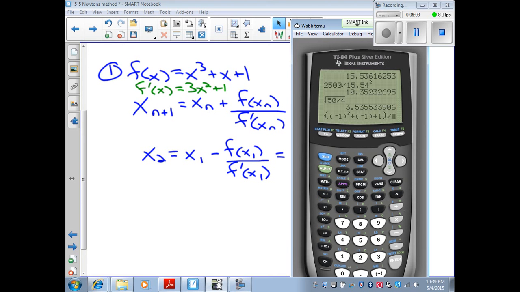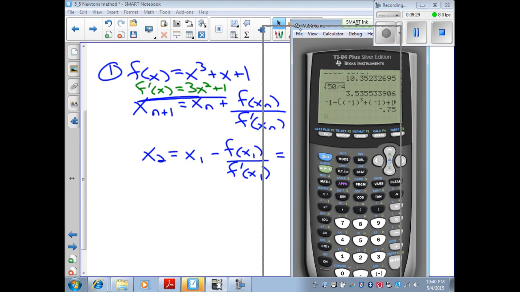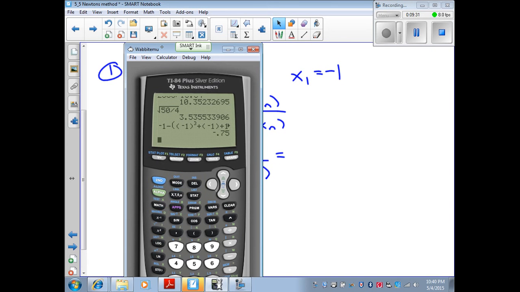So that would be, again, brackets to make sure the calculator knows what I'm talking about. I'm just putting numbers into the derivative function. I press enter, and it gives me an approximation of negative 0.75. Let's write that in. Negative 0.75.